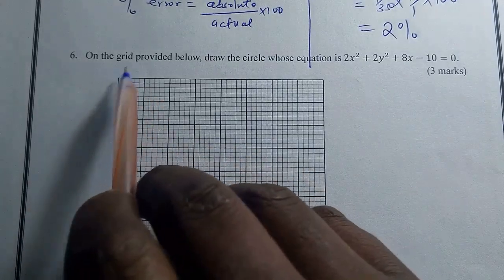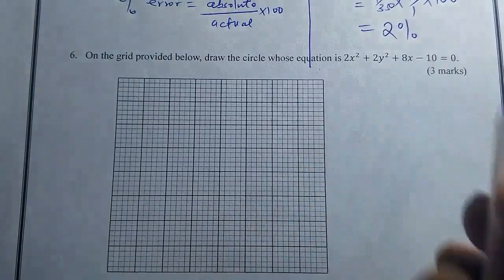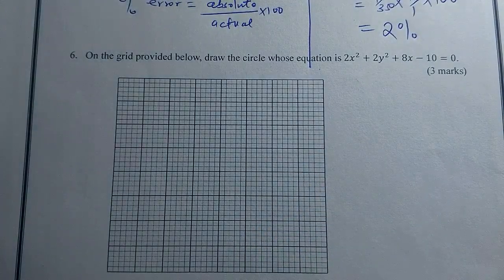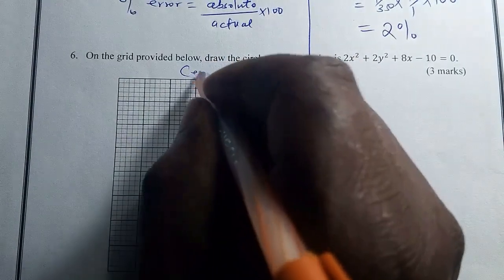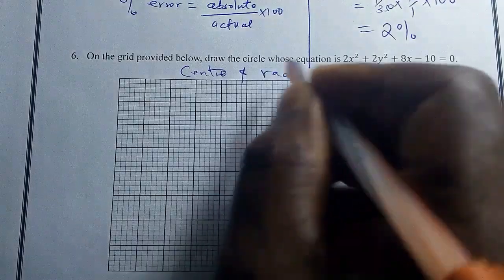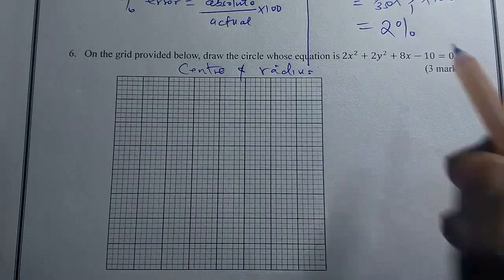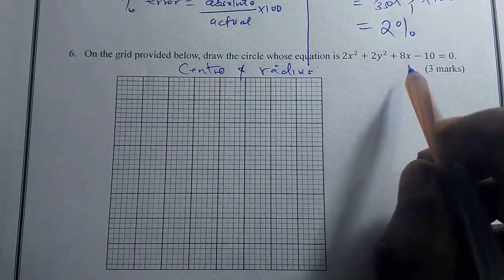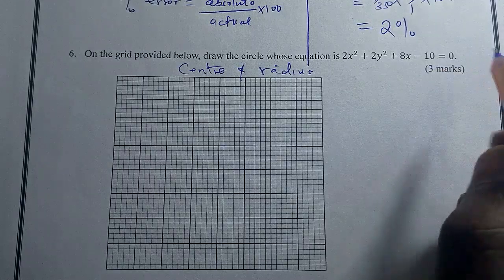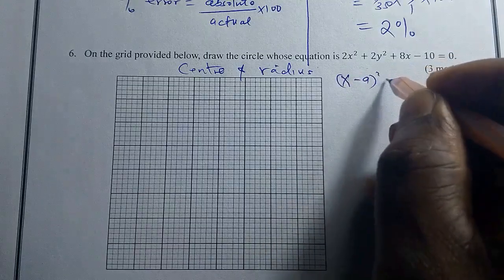On the grid provided below, draw the circle whose equation is this. For you to draw a circle, you need the center, and you need the radius. So first you need to get this. This is an equation of a circle, which is in the form of (x minus a) squared plus (y minus b) squared is equal to r squared.